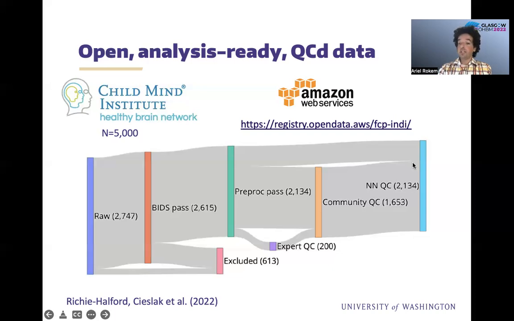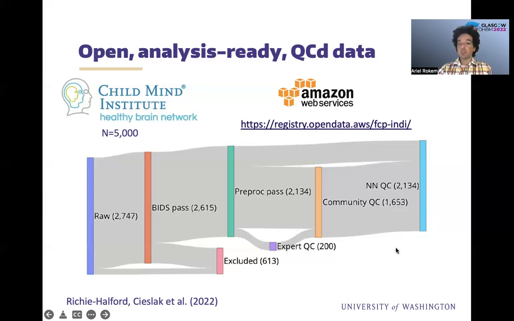And then we scaled that up to the full dataset, more than 2,100 subjects, using a neural network that learned from this community QC how to emulate the experts. And so we got almost expert-level accuracy in quality control of more than 2,000 individuals using this process.